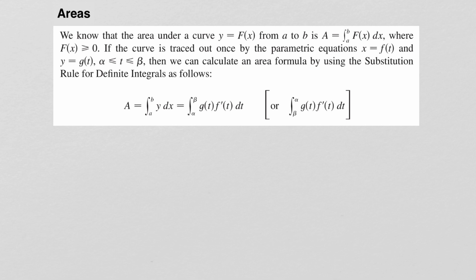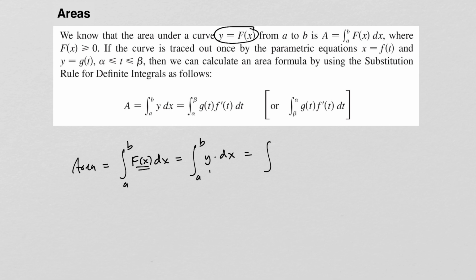equals g of t for t between two values alpha and beta, then we can calculate the area by making a substitution. So we start with the basic concept that the area is the integral from a to b of f of x dx, but then you can think of that as the integral from a to b of y times dx, because y is equal to f of x.